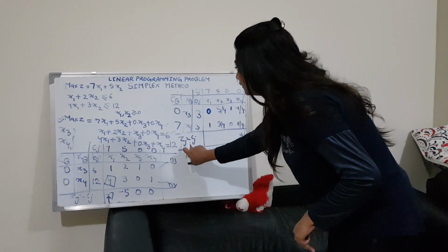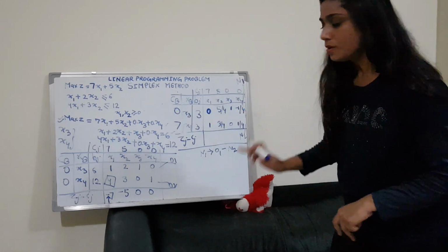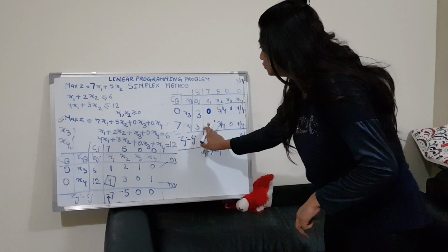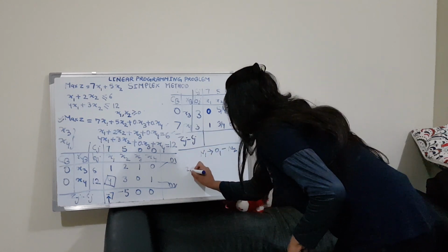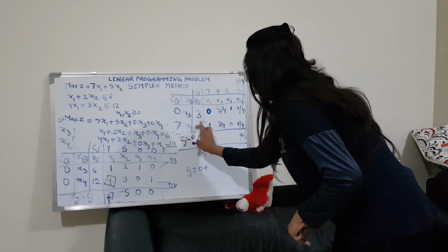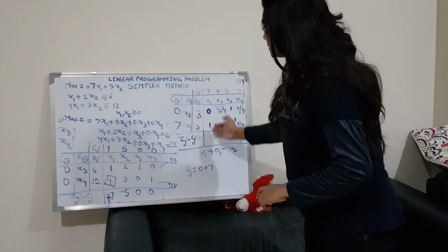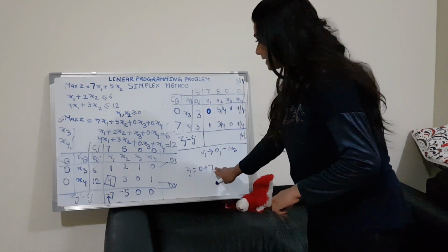So the Zj value for the first column is 0 into 0 plus 7 into 1, which is 0 plus 7. So for the first column Zj value we are getting 7.